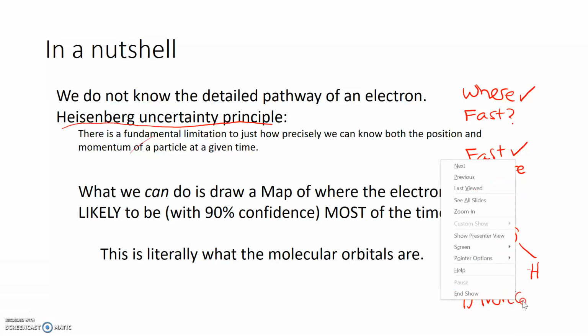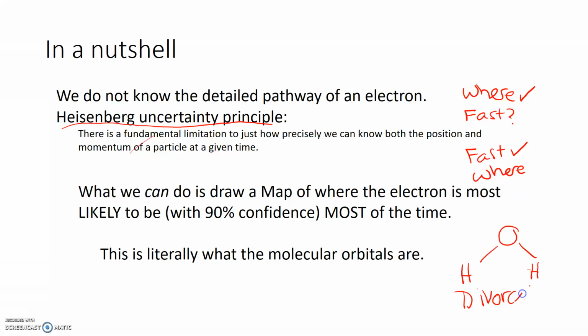In theory, when you're divorced, you're supposed to share custody of your children, but the reality is that they spend 99.9% of the time with their mom, and occasionally, like every other Wednesday or like Christmas every 7 years, they'll get to go over and see their dad. So I drew kind of like this bulge, and I said that meant that the electrons were mostly around oxygen, but sometimes they went and visited hydrogen. Well, it's the same thing within a single atom. So there are these distributions, which is what these molecular orbitals are, that tell us 90% of the time this is where the electrons are most likely to be.